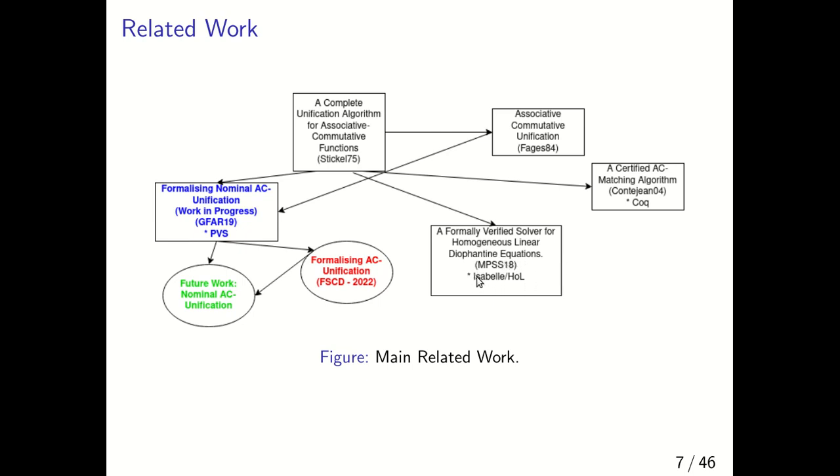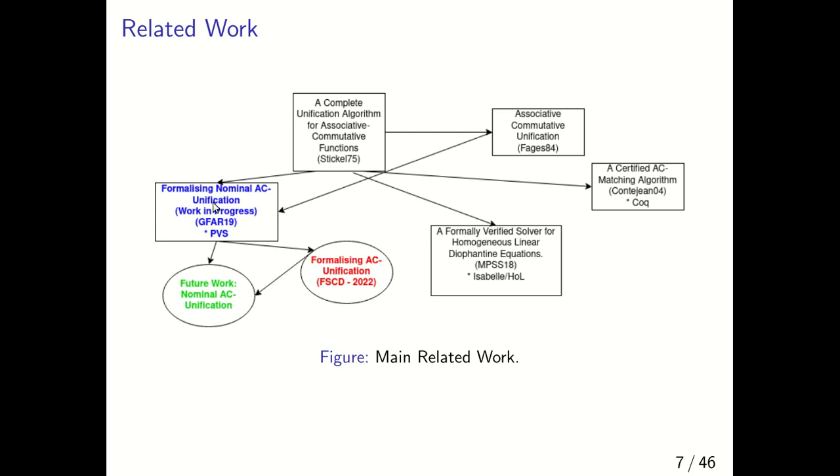They used the proof assistant Isabelle/HOL, and these authors are from the University of Innsbruck in Austria. Okay, the work I'm going to talk about here is in red. It's Formalizing AC Unification. We submitted it to the conference FSCD and it got accepted, and we give the first formalization of AC unification in this work.